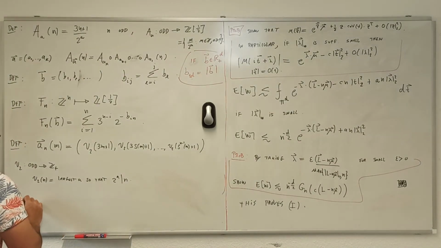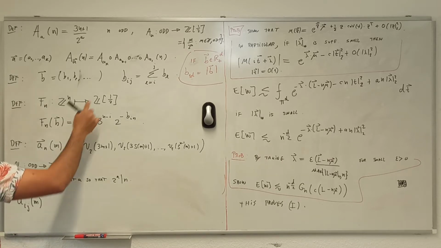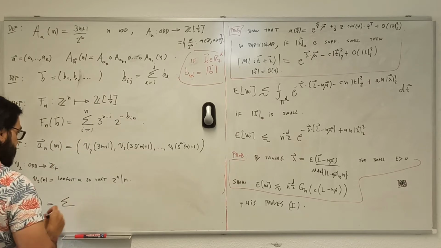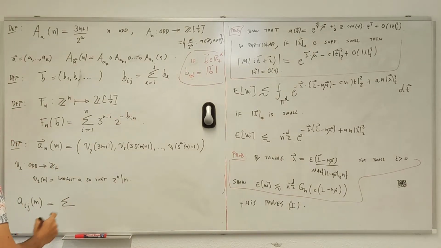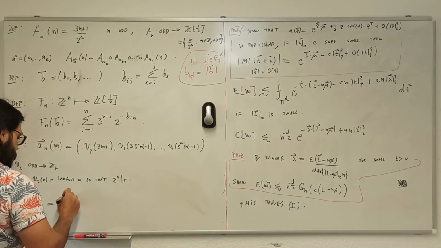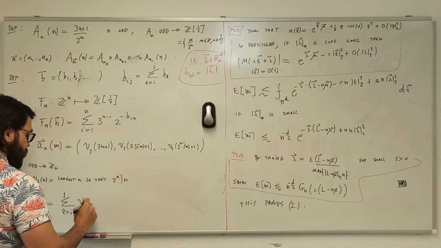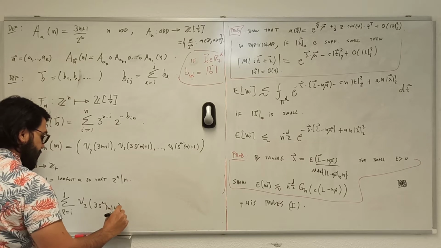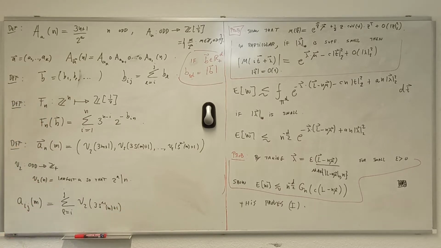And then I will use a_ij of m by this convention here. This will be the sum of the entries of the vector a. So it will be the sum over l from i to j of nu2 of 3 s^(l-1) of m plus 1.